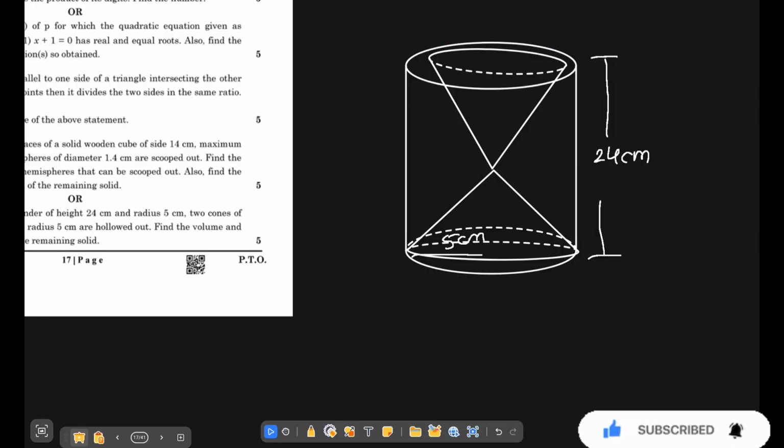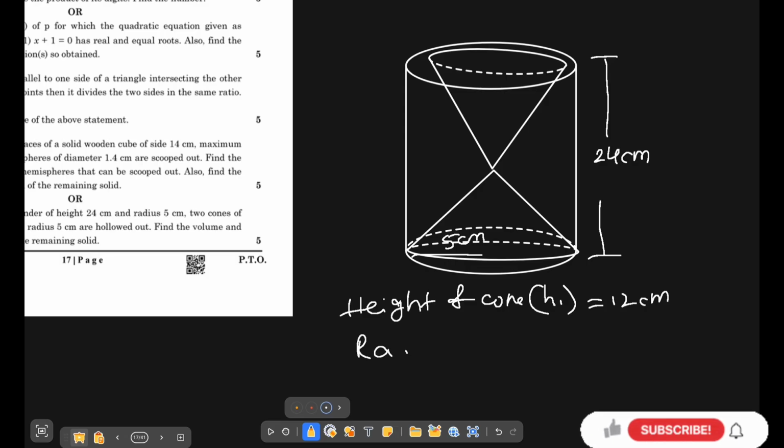So height of cone, let us think this is h1. Height of cone is 12 centimeters. So radius of cone and radius of hemisphere both are same.